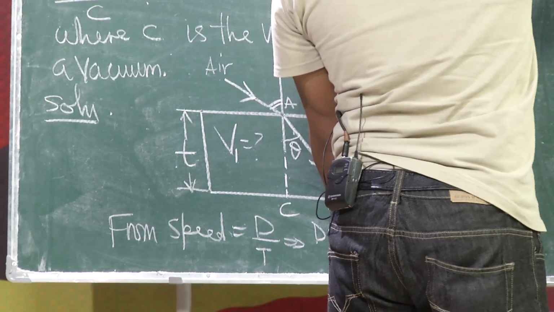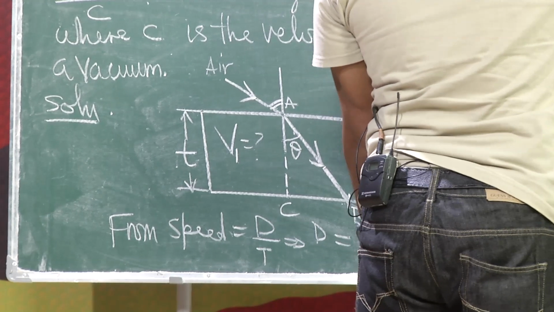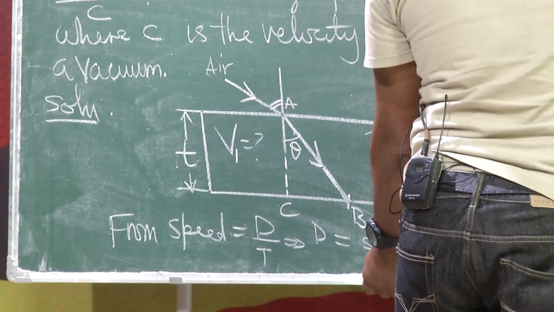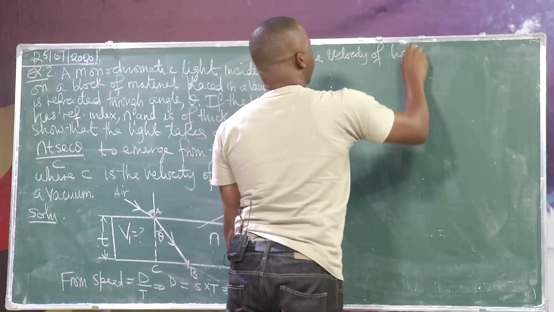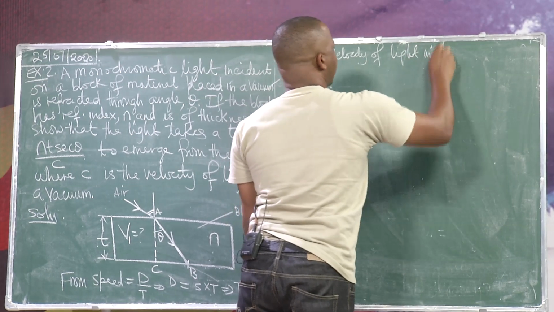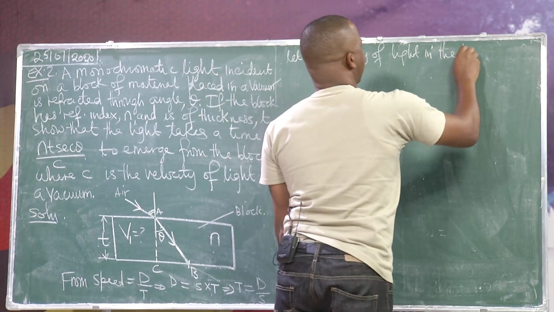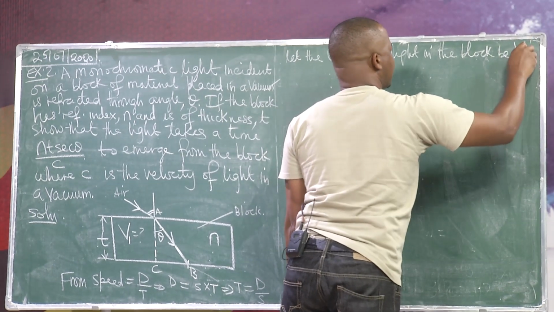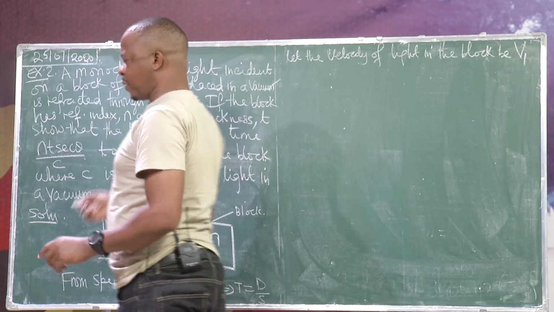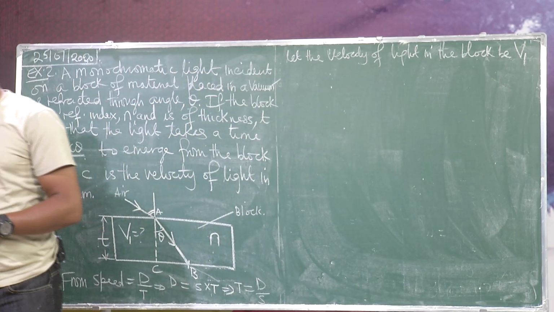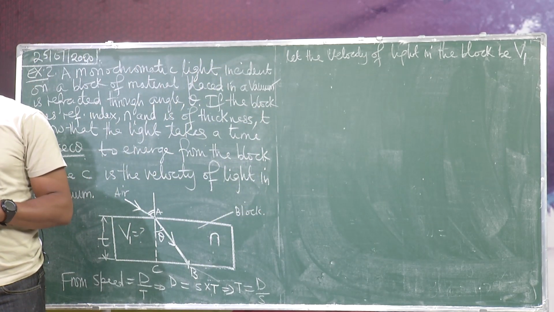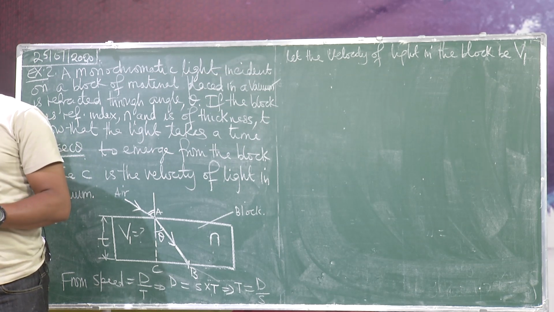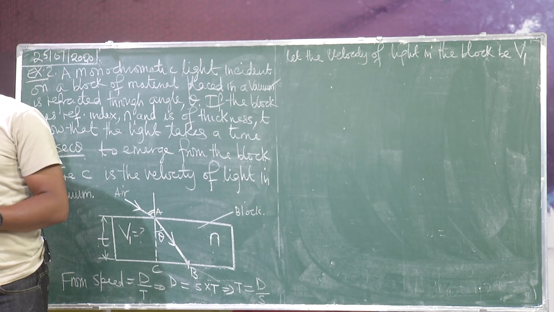Let the velocity of light in the block be v1. Since we already know the expression that relates speed of light in one medium to speed of light in another medium, we shall use that expression.